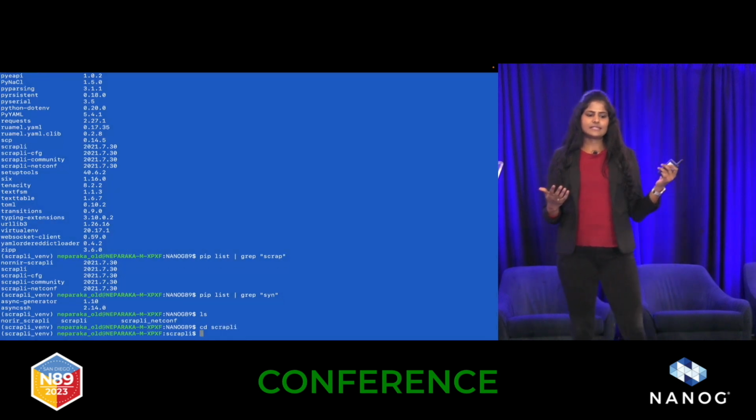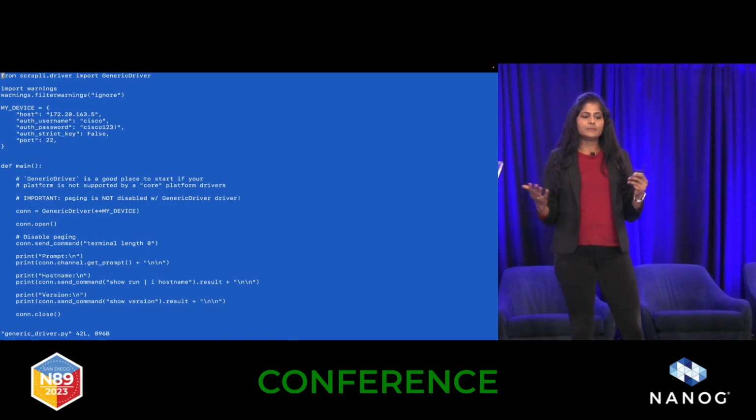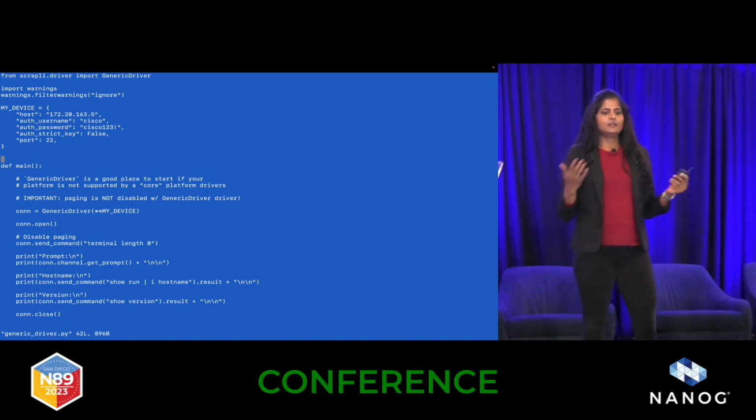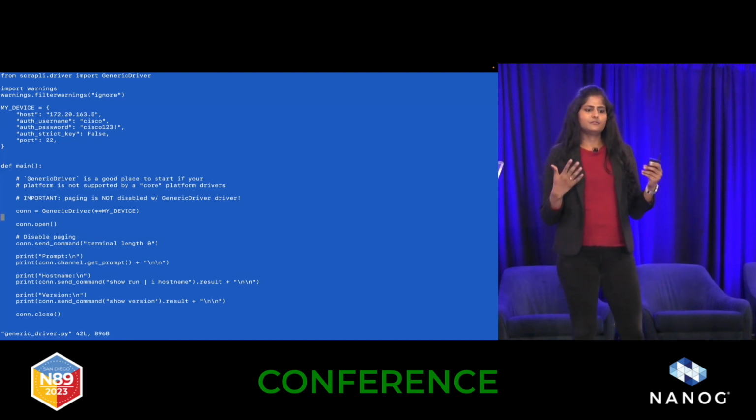So now let's see how to write the code. Initially, let's say you don't know which driver you want to use, then you can go ahead and use the generic driver which Scrapli has. You can just import it from scrapli.driver. It's called GenericDriver. And then I put in these filter warnings so that I don't get any warnings.